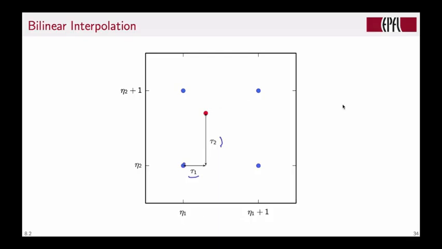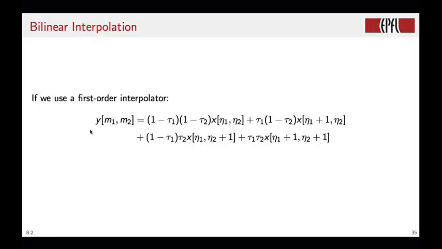So to compute its value, we first interpolate in the horizontal direction, and we find two subpixel values at vertical coordinates eta 2 and eta 2 plus 1, both at a distance of tau 1 from eta 1. And then once we have these two values, we compute a vertical interpolation at a distance of tau 2, like so. And this gives us our desired value. With a first order interpolator, the value is simply a linear combination of the values of the four pixels that we saw before, weighted by some factors that take their distance from the reference point into account.